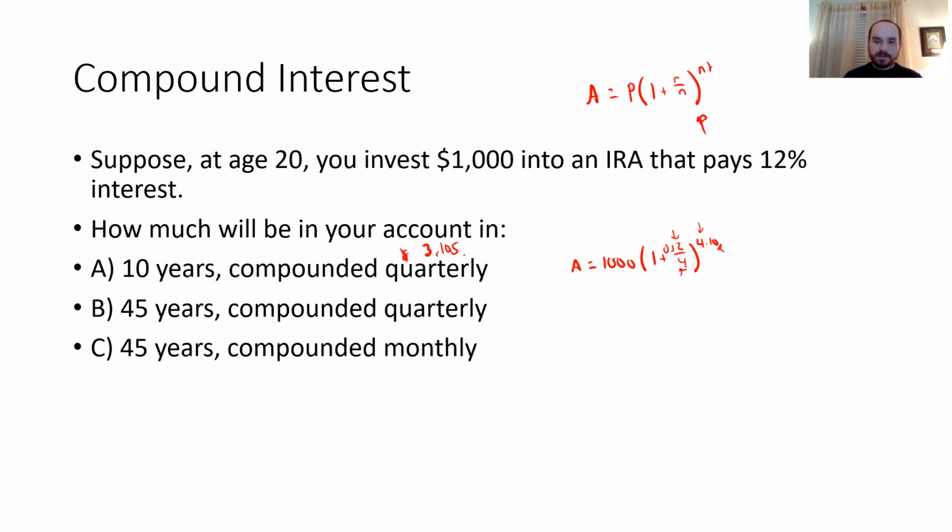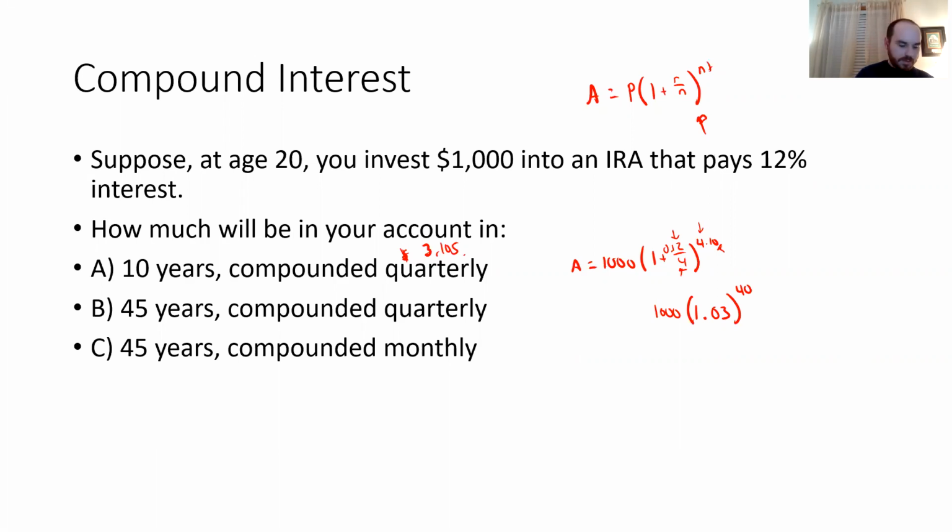Okay, now this simplifies to 1,000 times, 0.12 divided by 4 is 0.03. So we have 1.03 all raised to the 40th power. So then once again, we plug this into a calculator.